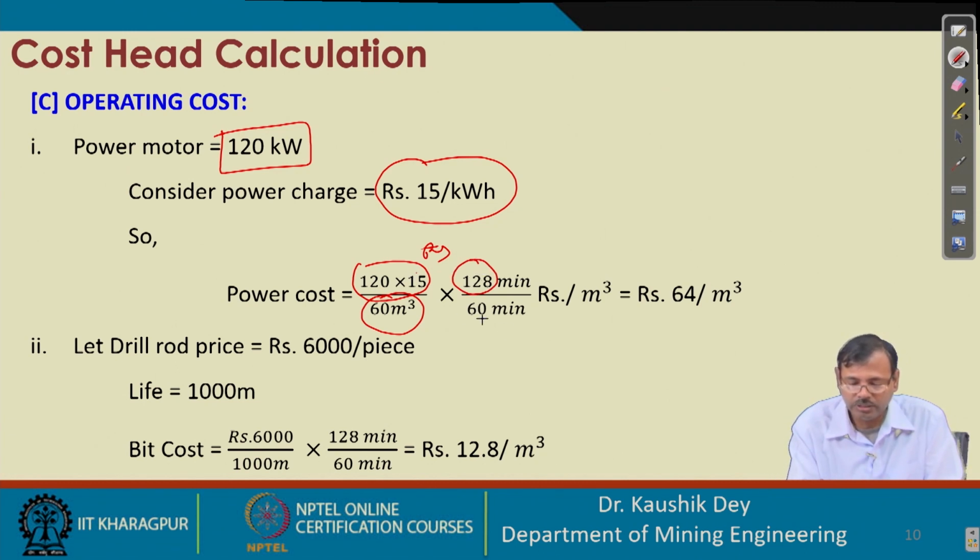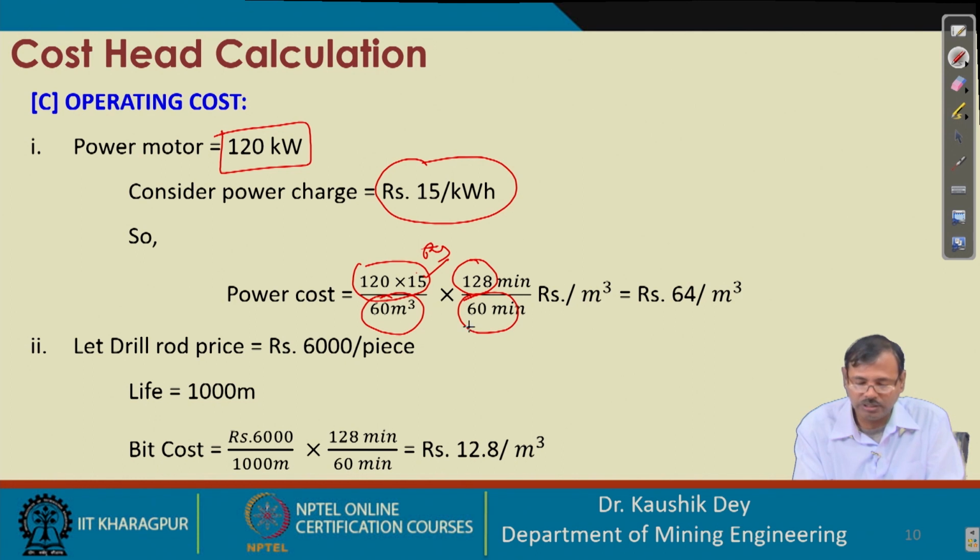We convert that into hours by dividing by 60. So, 120 kilowatt basically running for approximately 2 hours. That price is 120 into 128 by 60, that is the kilowatt hour consumption, and that price is 15 rupees.